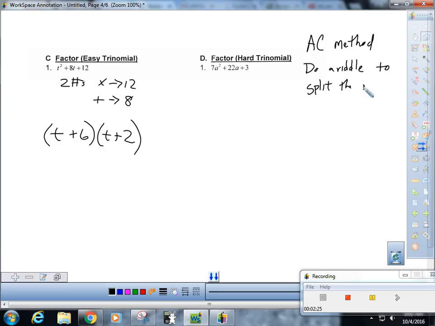You know, that's the rapper in me. Just trying to help you guys figure out how to do these. So now, you're looking for two numbers. They multiply to be A times C, and they add to be B. Okay? So in this case, they're going to multiply to be 21.